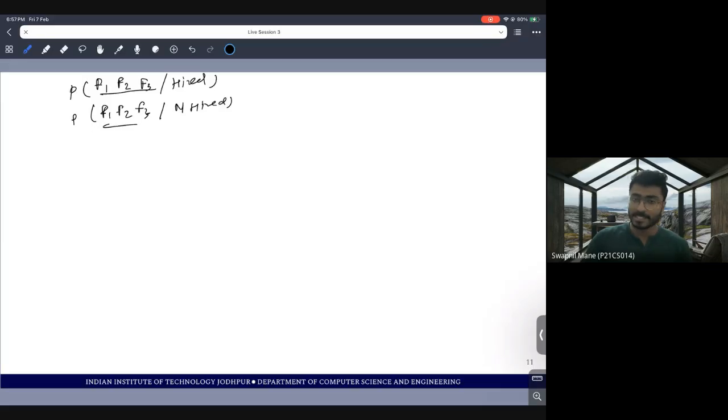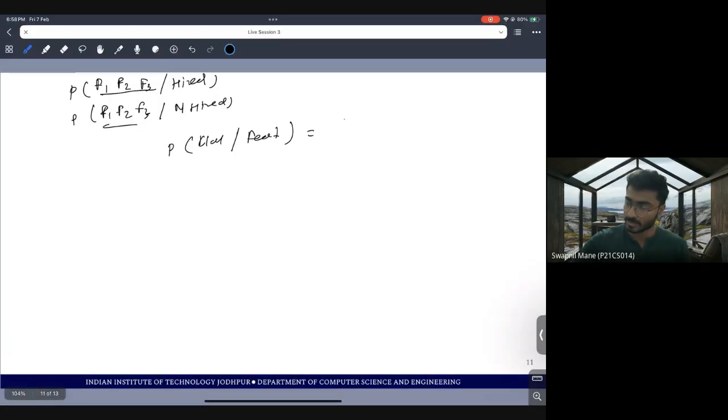Let's move to the conditional probability. We know that the naive Bayes classifier is based on the conditional probability. If we have a class given these many features, how are we representing this in a conditional probability?